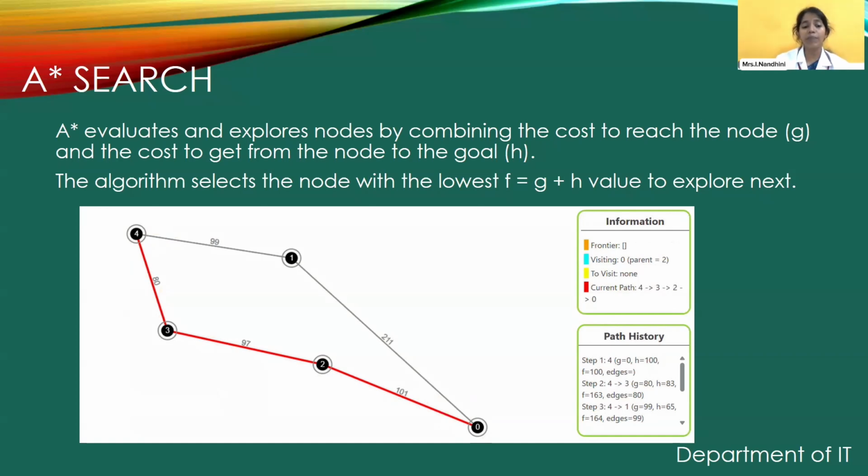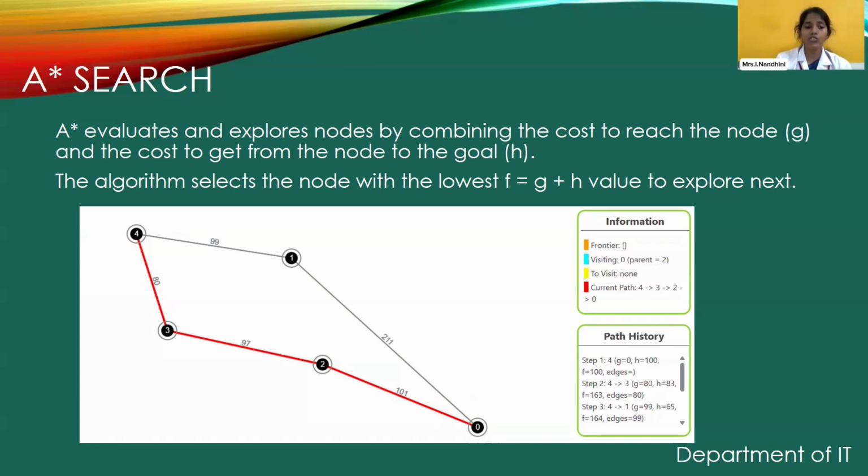If there is any path cost deficiency, or if it does not reach the goal state easily, it will backtrack to the previous node and then traverse onward. For example, from 4 to 0, first it chooses the low cost path, that is 80. Then it will traverse again to 1. So the path cost is 99. It will maintain both records.